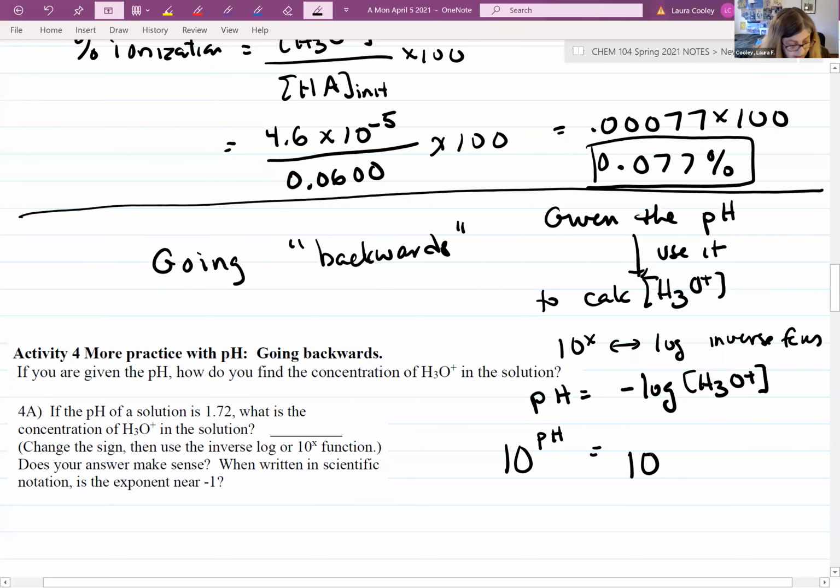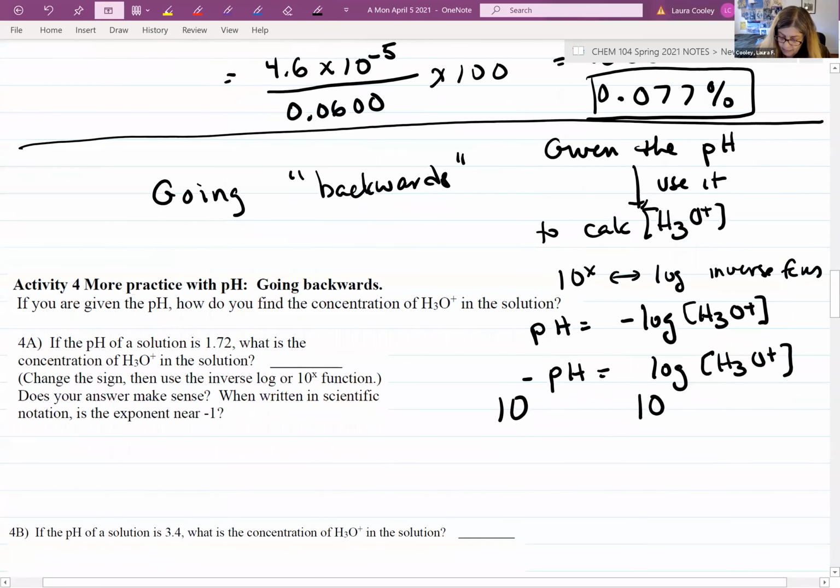First I want to change the sign. Negative pH is the log of H3O plus. And now take 10 to both sides. Well, 10 to the log of something is just the something.